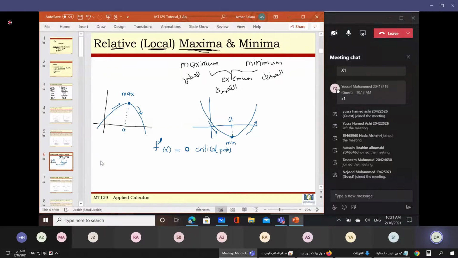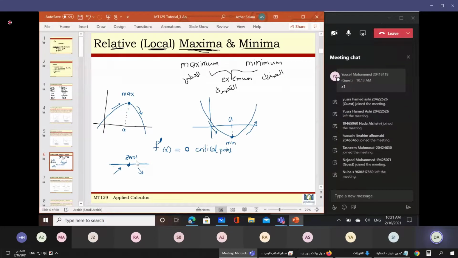Okay, for example here, I have the zeros of f dash of x. If it's first increasing, then decreasing, increasing on the left and decreasing on the right, then this zero is a maximum.